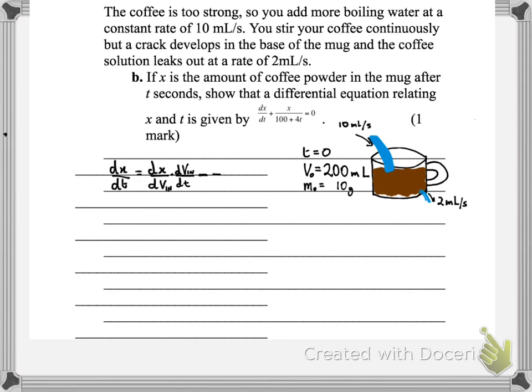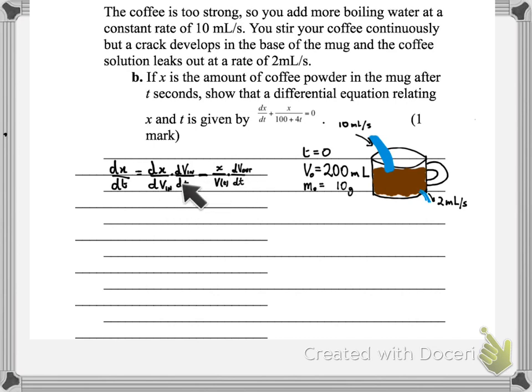So the basic structure of the differential equation starts with, here we go, the rate of change of mass with respect to time is given by, this is the flow rate in of mass, and this is the flow rate out of mass in the solution, and so we want the net flow by doing the subtraction.